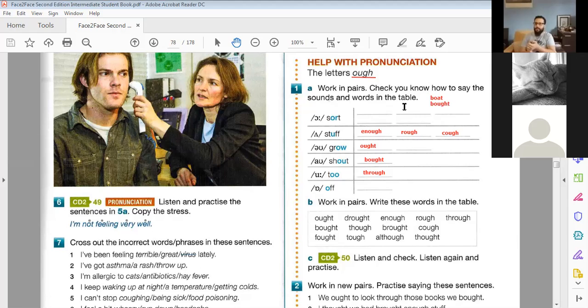Boat. They're not the same sound. They're a bit different. Okay, this one boat, and the second one out. No, boat too. Yeah, but not the same sound. You're reading them in the same way. You're saying boat, but they're not boat. The first one is boat, but the second one is not.